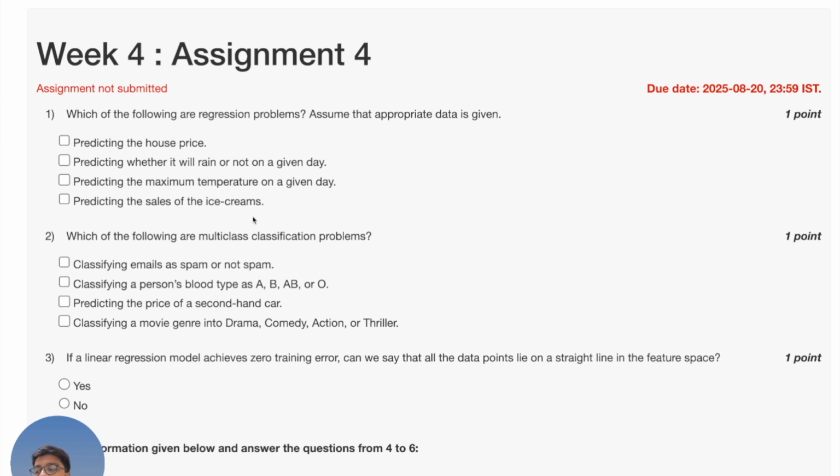Now let's look at our options. The first option is predicting the house price. House price can fluctuate across numbers, starting from 5 lakh, 6 lakh, 7 lakh, 8 lakh, 9 lakh till 25. It depends on the house and the area, right? It's not like building A has this category of price and building B has that category of price. It depends, for example, on whether the building has 2 BHKs or 4 BHKs.